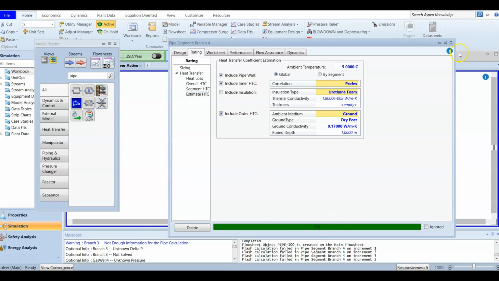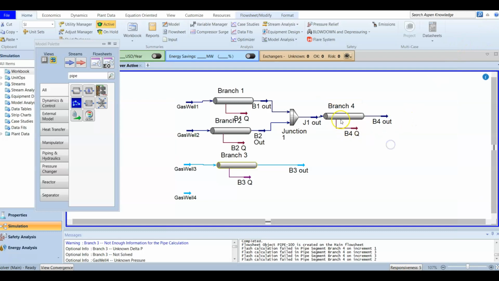At this point, I have this one and this one. So now I am going to add a mixer. This will be my second mixer. I'm going to add a mixer here, and this mixer will be added here as my second junction.